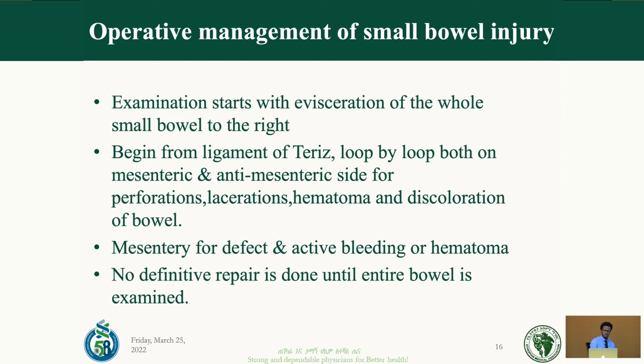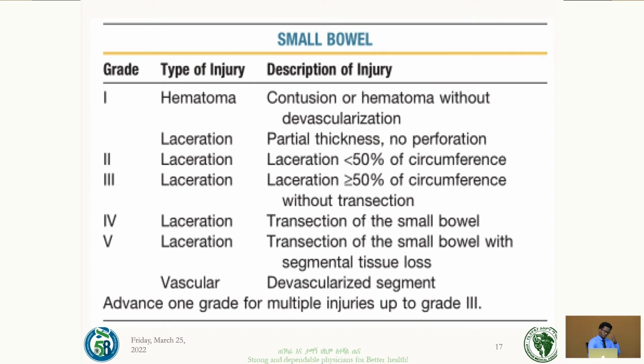The mesentery has to be evaluated thoroughly for possible defects and active bleeding or hematoma. So no definitive management has to be started until the entire small bowel is inspected for possible injury.